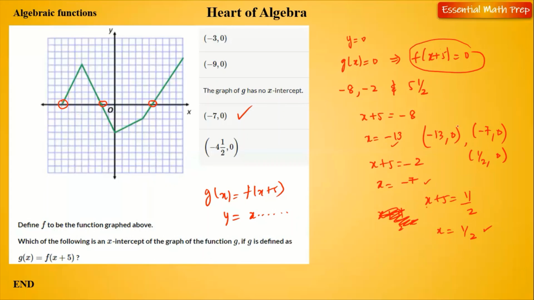So our y-intercept is 0. That means these are the intercept points. And based on that, we look through and figure out which one would give us the correct answer, and only -7, 0 is provided, it's the only answer choice available. So that's it.